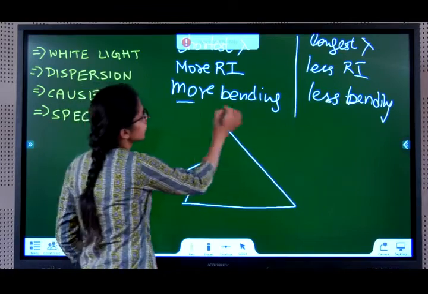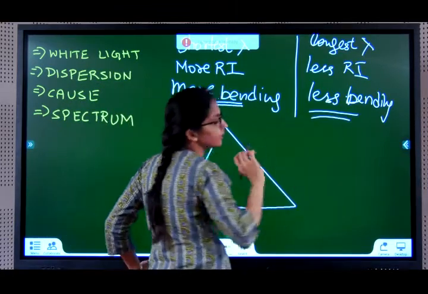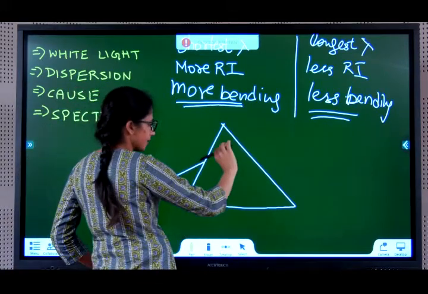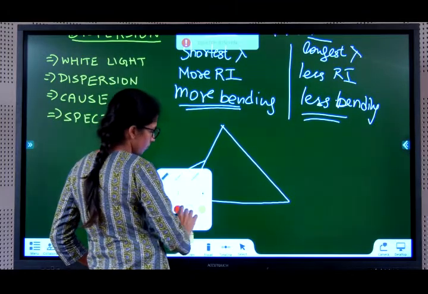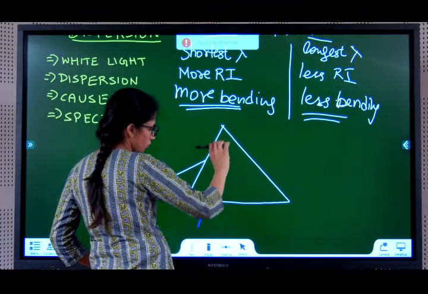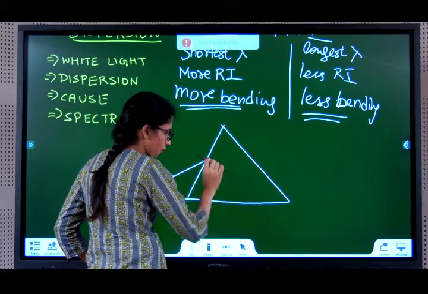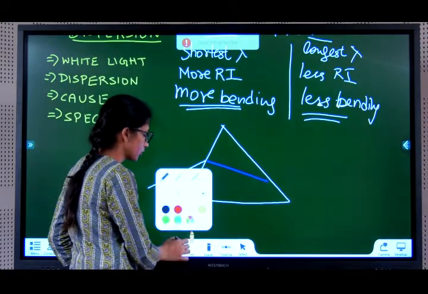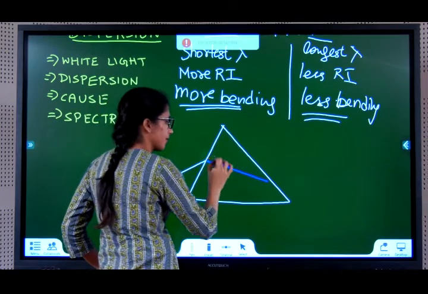Violet wants to bend more. Red wants to bend less. So what happens? If the ray was supposed to go like this, violet wants to bend more, so the violet color bends more. Red wants to bend less. It will bend, but it will bend less.